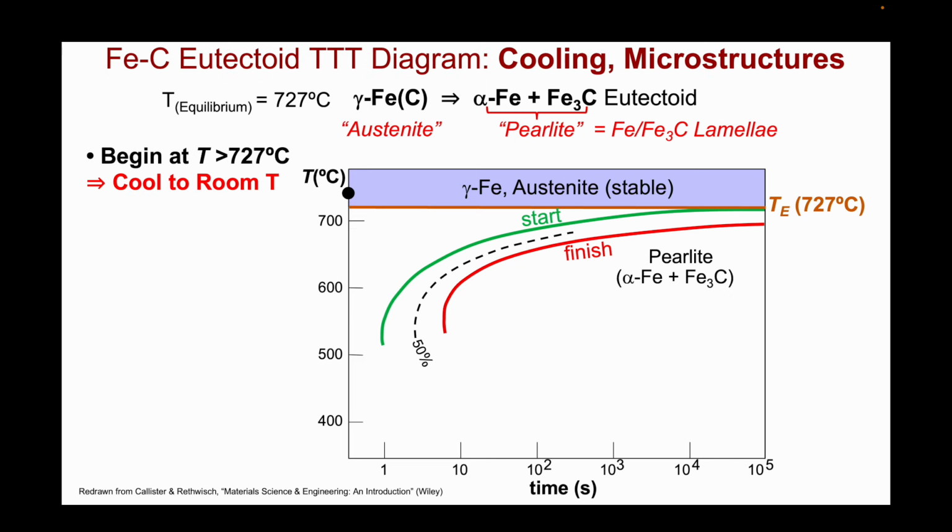Now we'll add cooling curves to the diagram to quantify what will happen when a sample is cooled from a temperature above 725 C to room temperature. First, a slow-cooled sample. To this, we can add the points of intersection with the start and finish curve that correspond to the temperature and times for the start and finish of the transformation during this cooling.